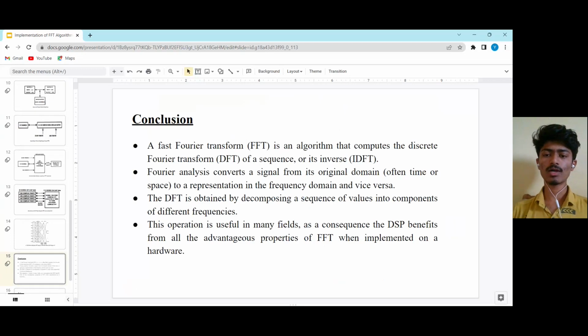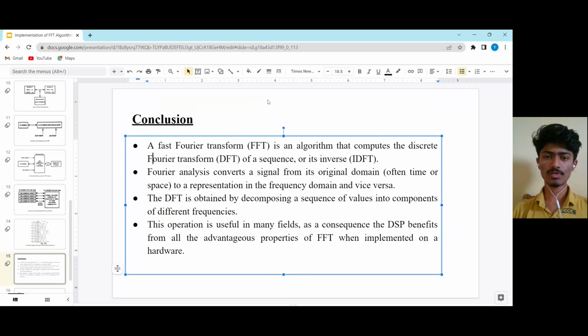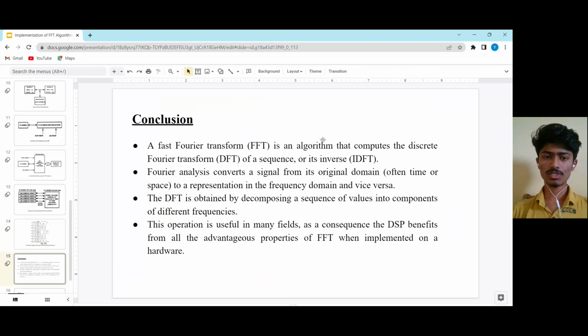So at the last, I would like to conclude my presentation. The fast Fourier transform is an algorithm that computes the discrete Fourier transform, DFT, of a sequence, or the IDFT. Fast Fourier analysis converts a signal from its original domain, often time or space, to a representation in the frequency domain, and vice versa.